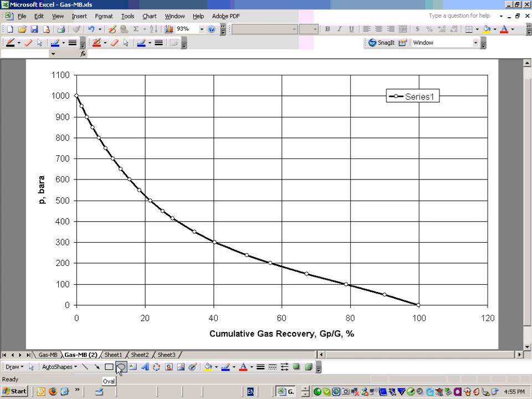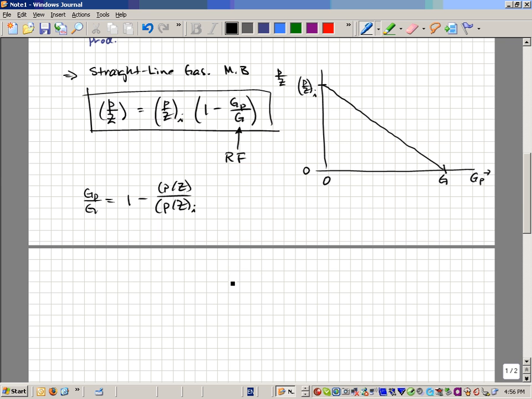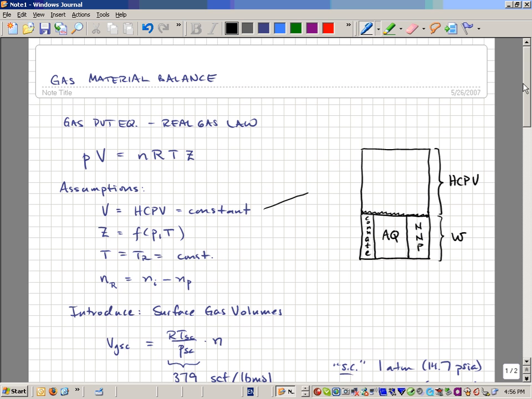Now let's return to the violating assumption that you have no water encroachment and no pore volume reduction. This assumption right here. Now we're going to relax that, and for the simple case where we assume that all of the water available and in connection with the hydrocarbon pore volume will respond instantaneously as the pressure in the hydrocarbon pore volume drops.